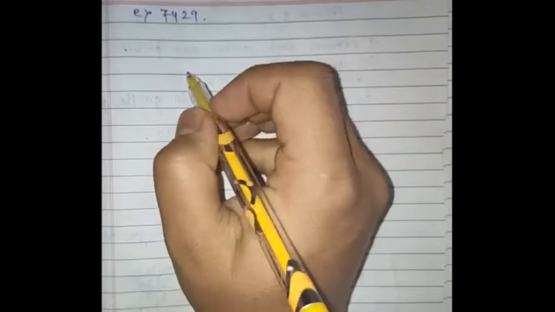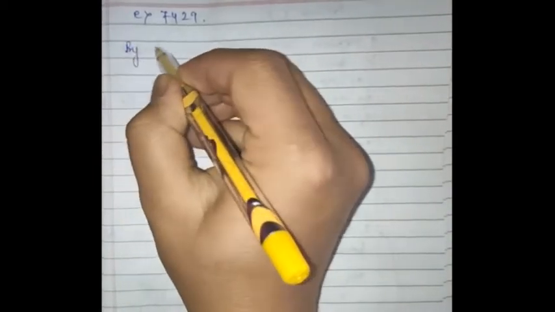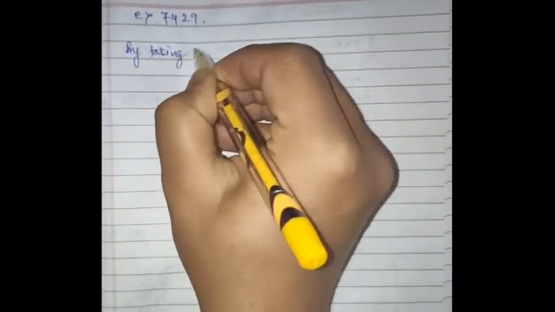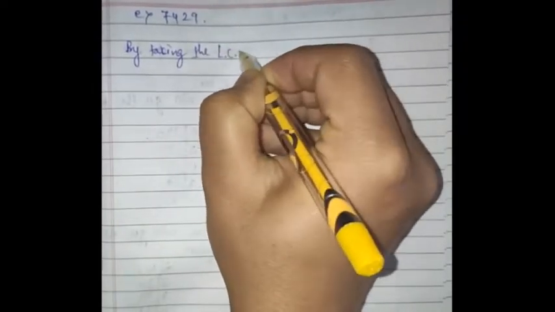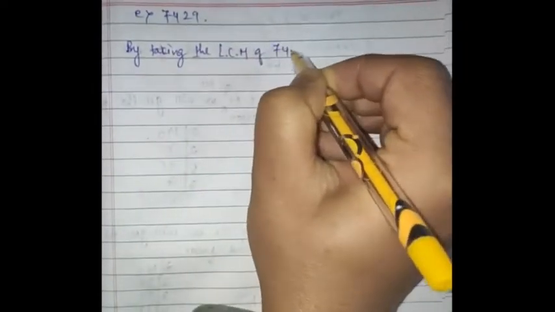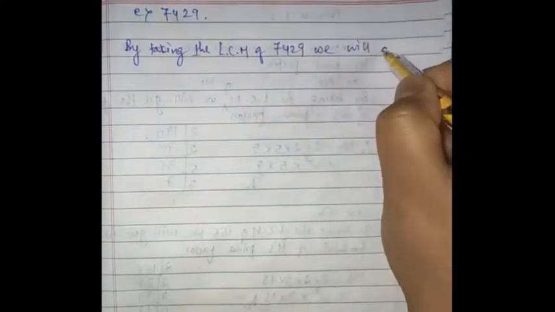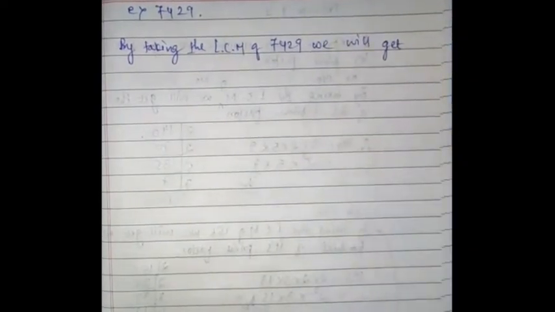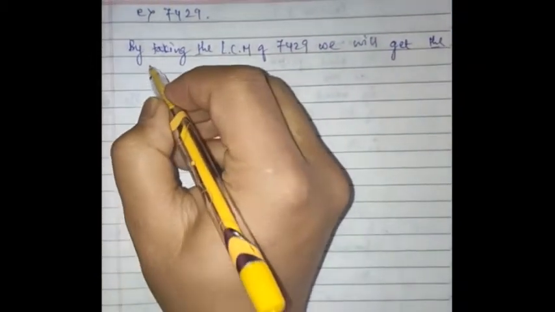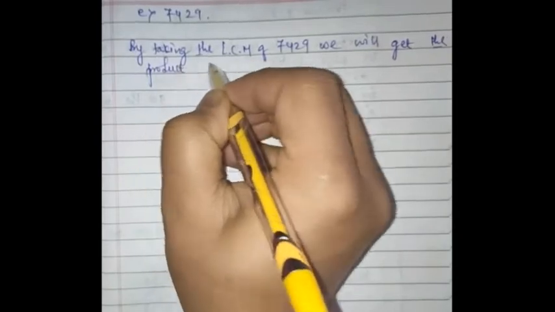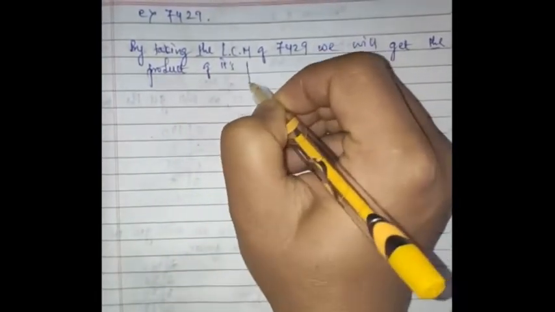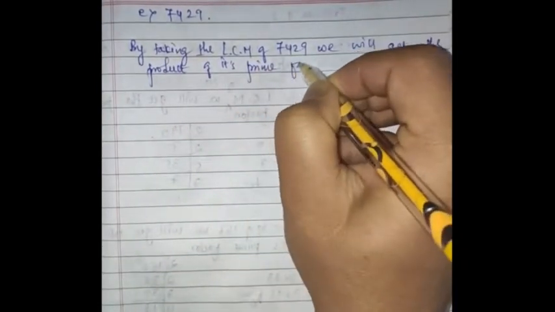So similarly we will write here by taking the LCM of 7429, we will get the product of its prime factors.